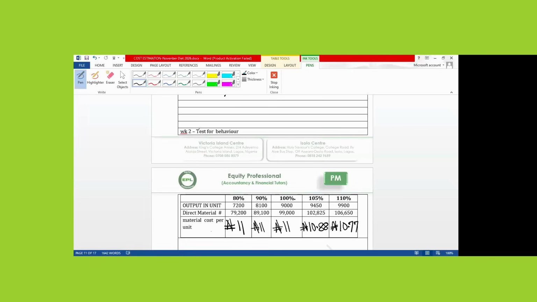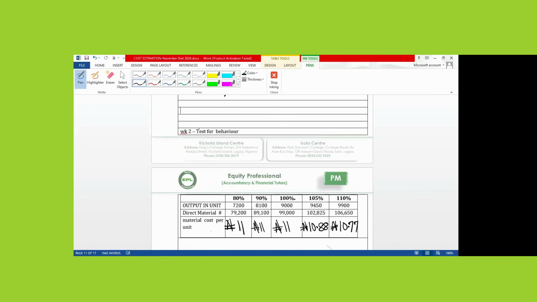Now the question is, why will material cost per unit fall after 100%? The likely reason is quantity discounts. By purchasing raw material above 100%, the supplier is giving you a discount.